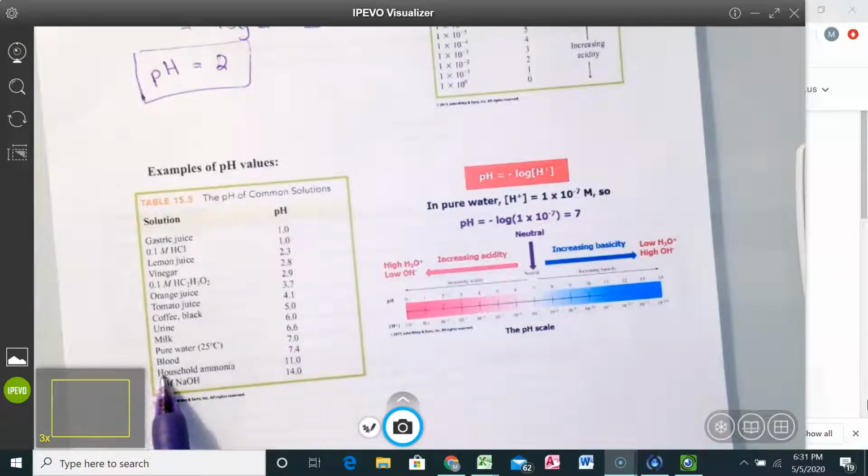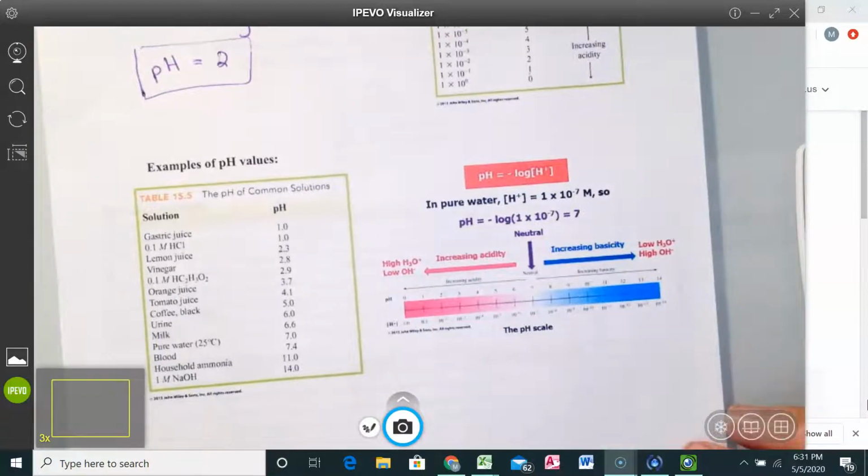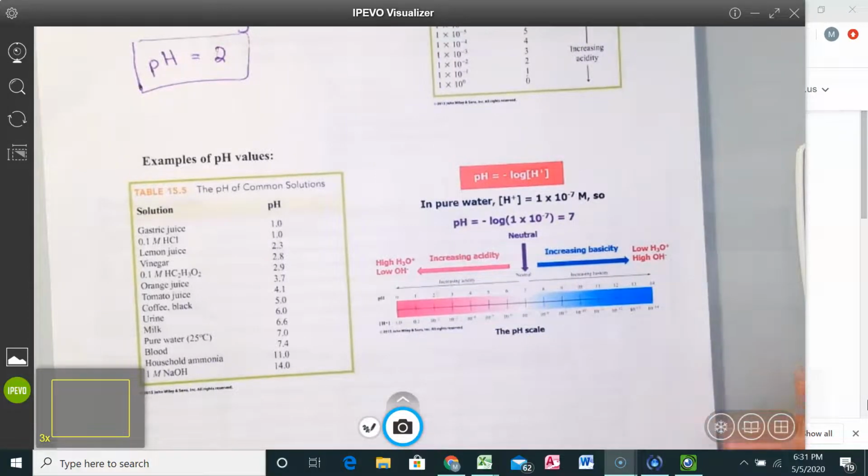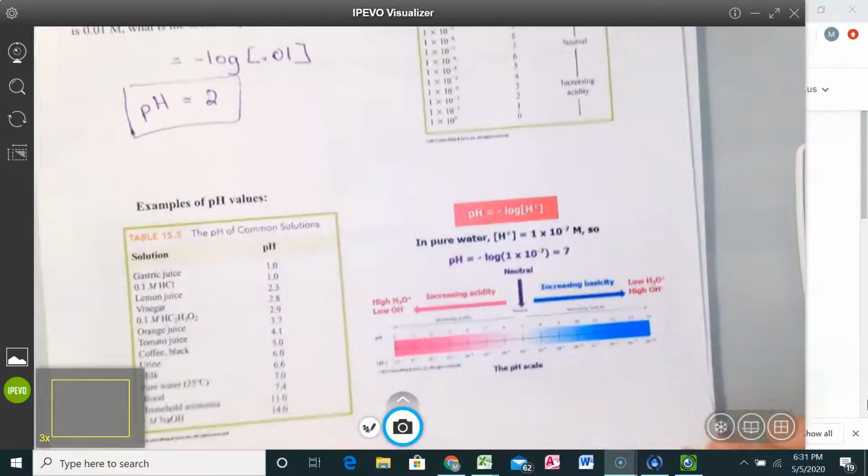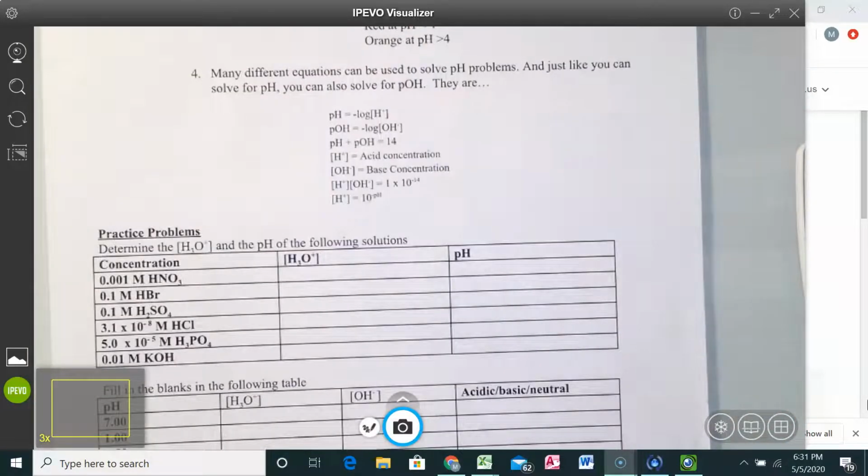Ammonia, we've talked about how that's a base, so it has a pH of 11, and something really strong like sodium hydroxide would have a pH of 14. Again, this is just another picture. Take some time to look at it, process it, and see another way to represent pH. For now, I'll flip it over to the next page.